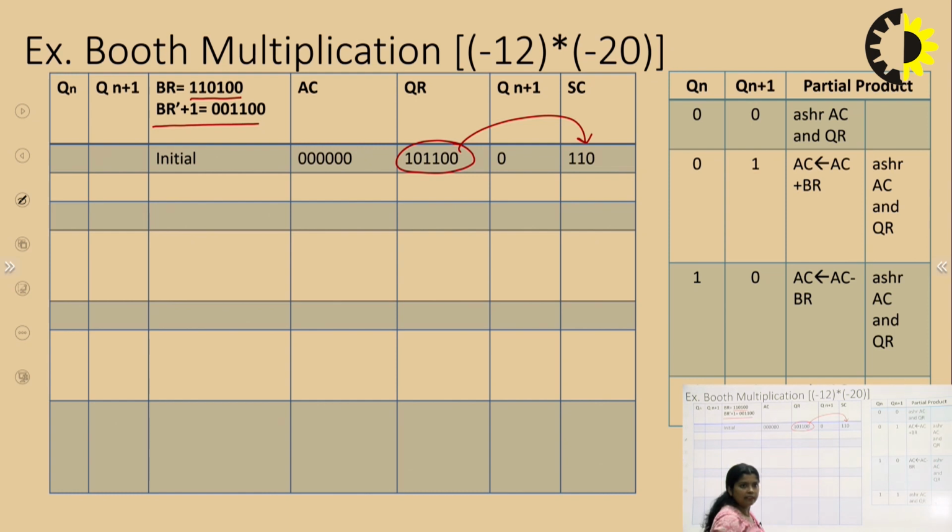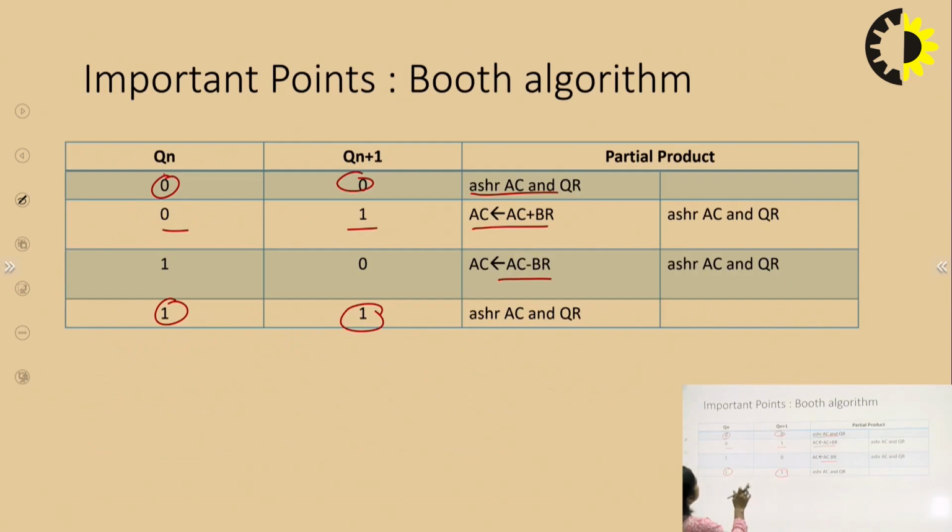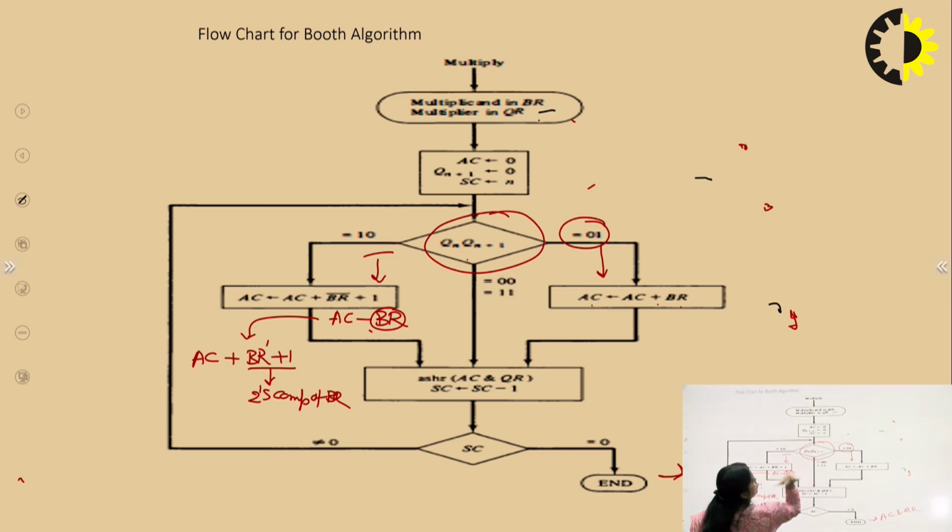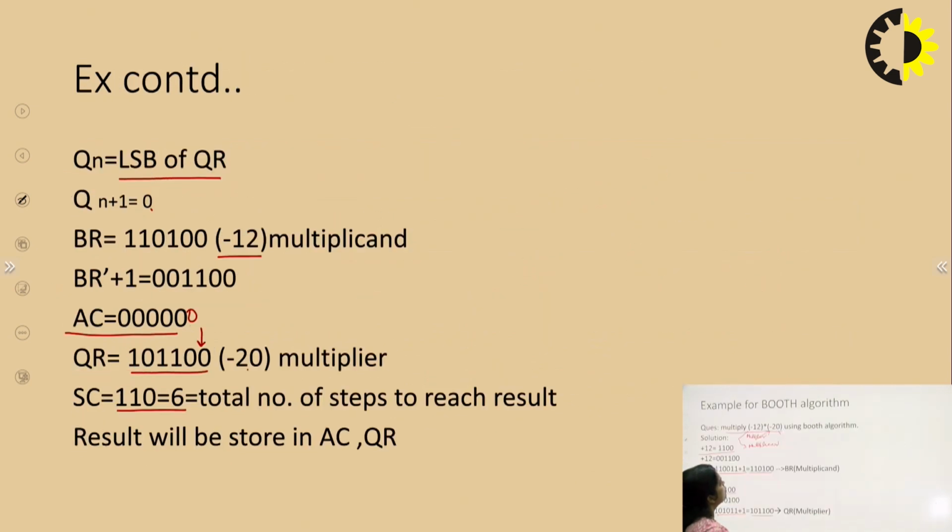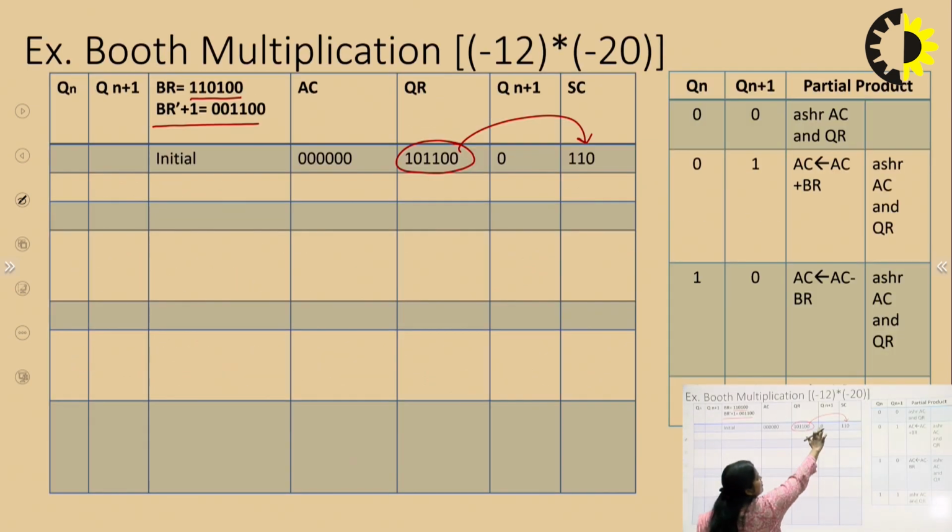Qn plus 1 at the initial stage, you are initializing this value with the help of this Booth algorithm. The sequence counter is n, and the accumulator value and Qn plus 1 is 0. So, you are going to consider this as a 1 bit 0. Now, the AC register has a starting 6 bits. Because the QR register is 6 bits, that's why you are taking 6 zeros in the initial.